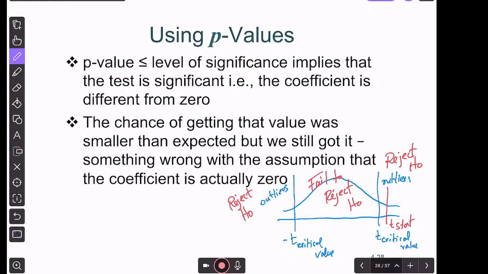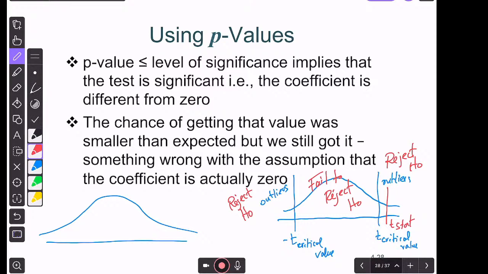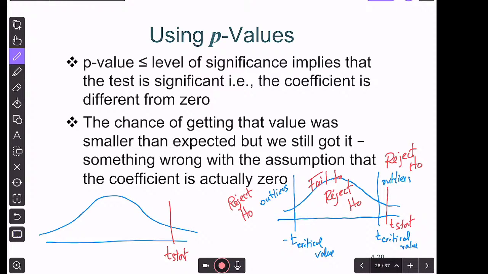The other way is using the p-values. It focuses on the t-stat and calculates another statistic called the p-value.